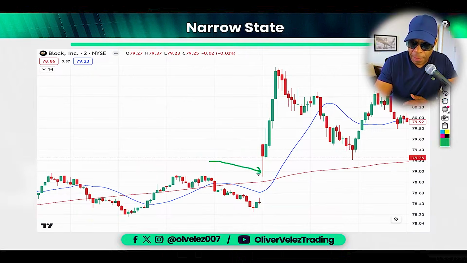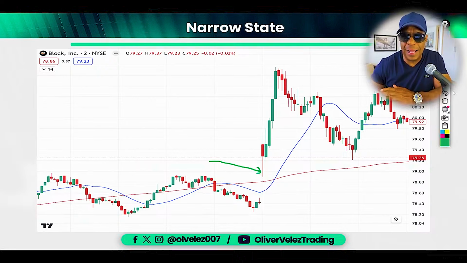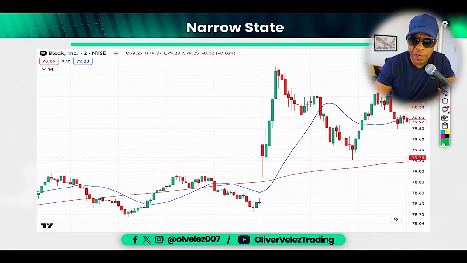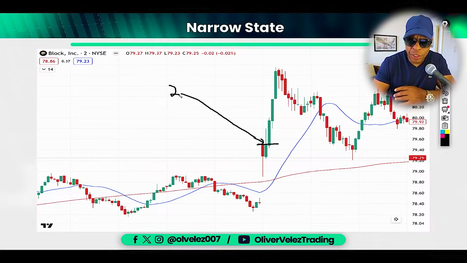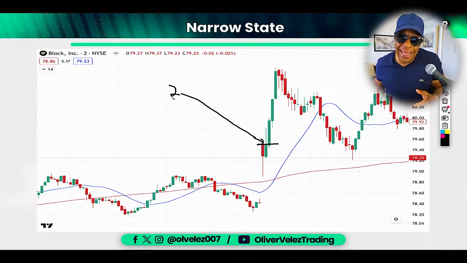The tail is at the bottom. We want to enter above the tail. Above the tail. Boom. Enter above tail bars. Enter in power green elephant bars. So we enter in elephant bars. We enter above tail bars.